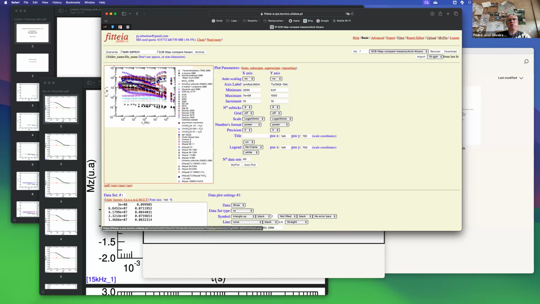And in the low frequency part, typically we work above 10 kilohertz, but I didn't show you data that goes down to one kilohertz or even below.